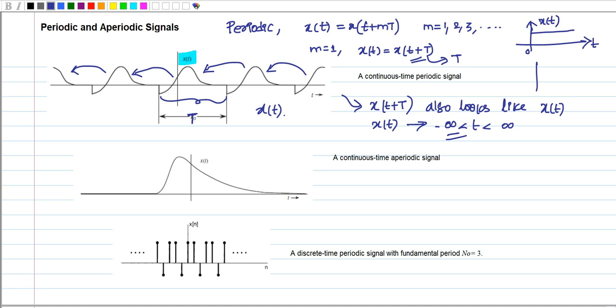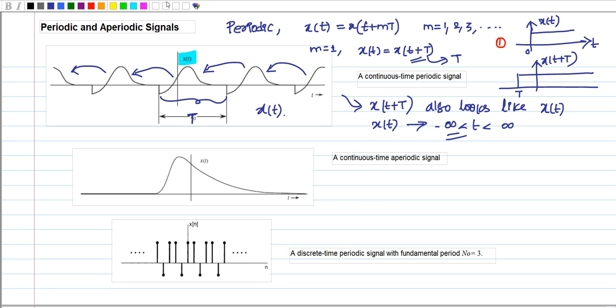If I write x of t plus T, then I'll get the signal like this, shifted over T. So this signal and this signal are not the same, because this signal has started at origin 0, whereas this signal started at the origin T. So both signals are not the same.